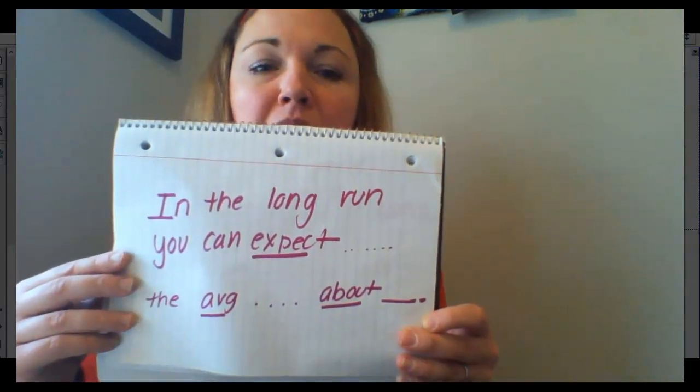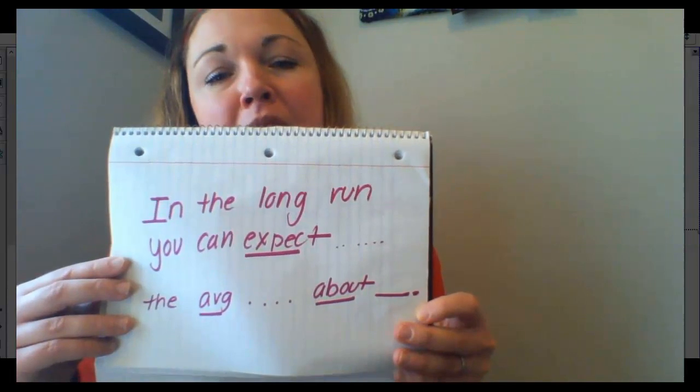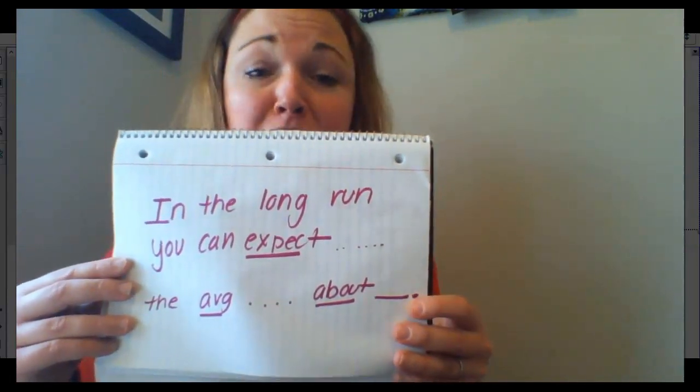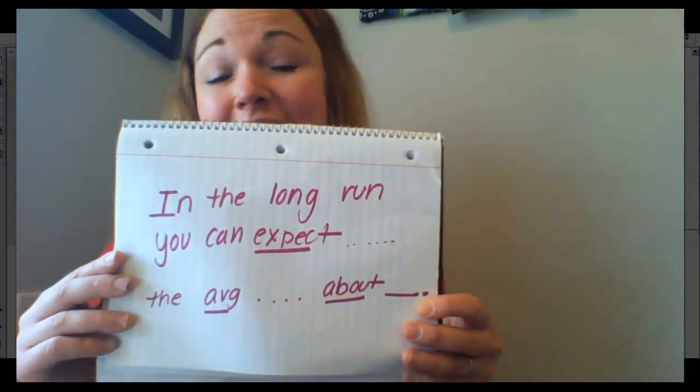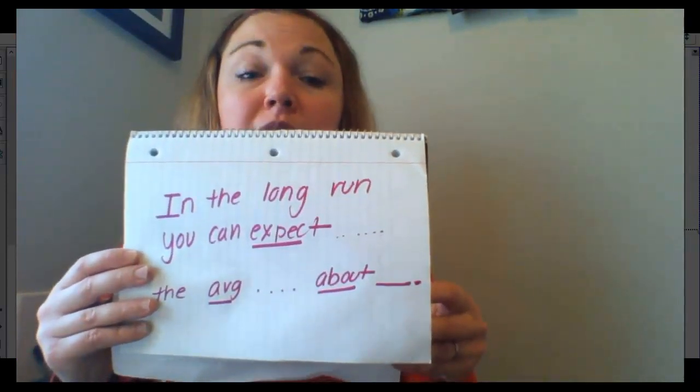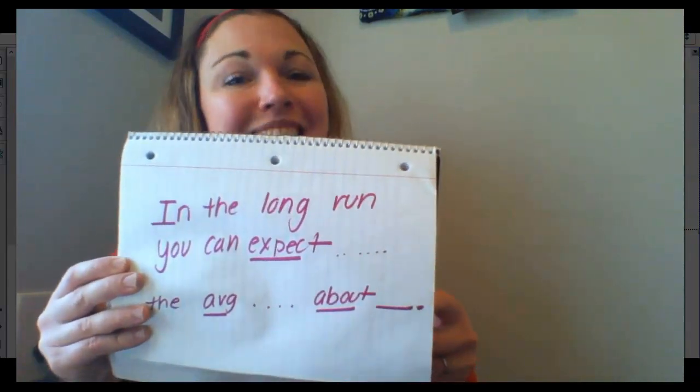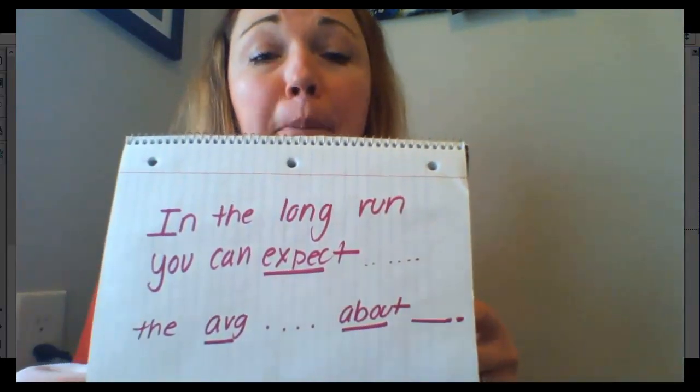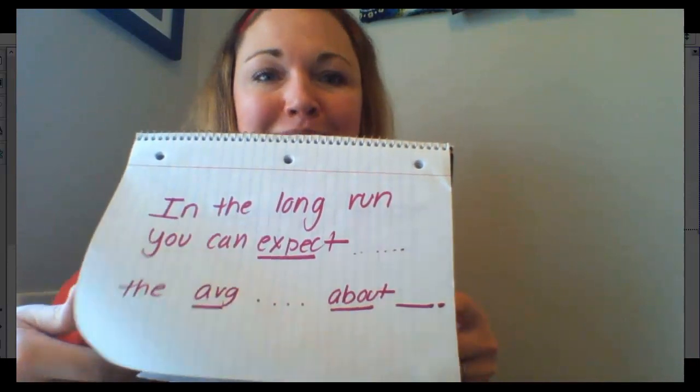So in the long run, you can expect on Mrs. Opel's test scores, the average test score would be about 85%, okay? Something to that effect. But I'm looking for the words expect, average, and about, and in the long run as well, because all probabilities or means, averages are in the long run.